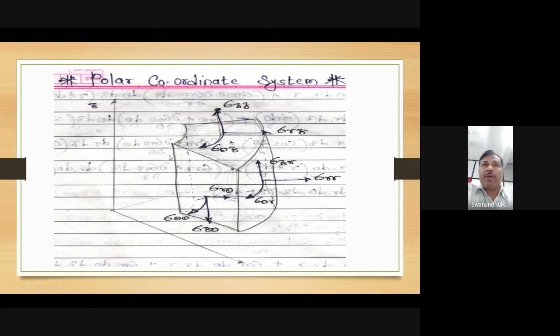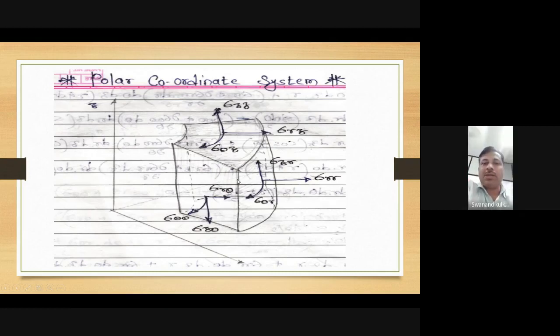Here also we have considered a small element, and that small element represents the three dimensions of the polar coordinate system, where r is the radius, theta is the angle, and z is the thickness.